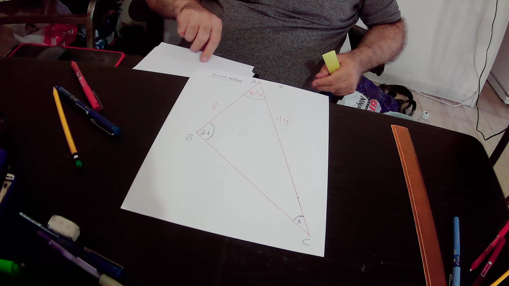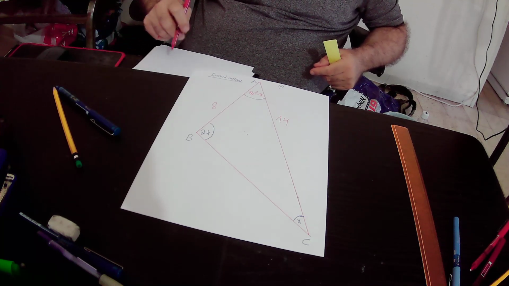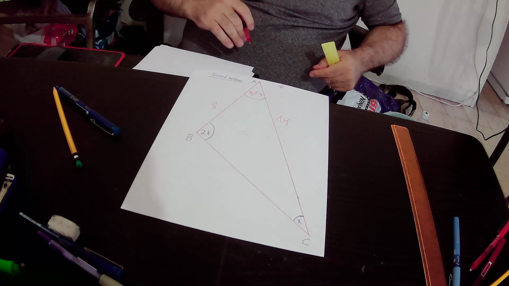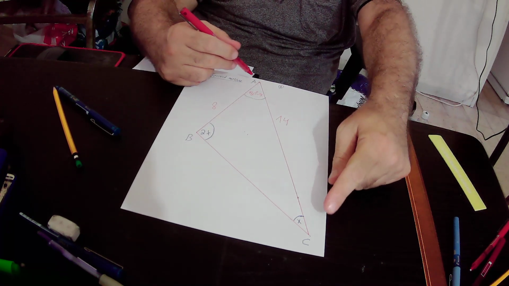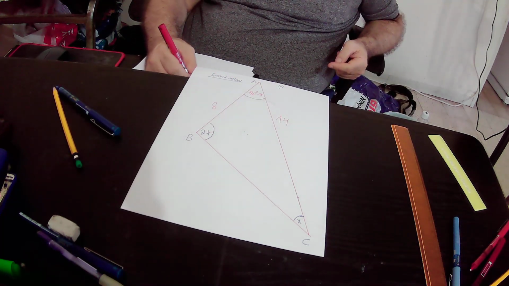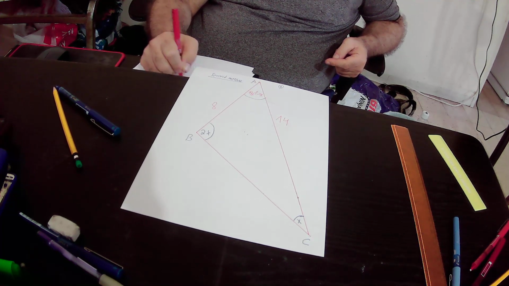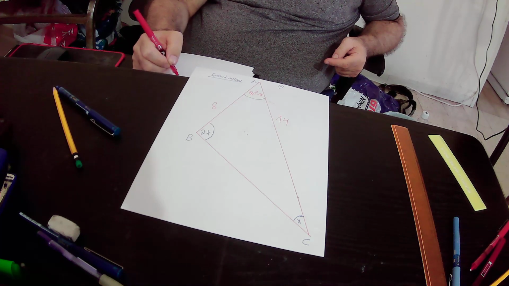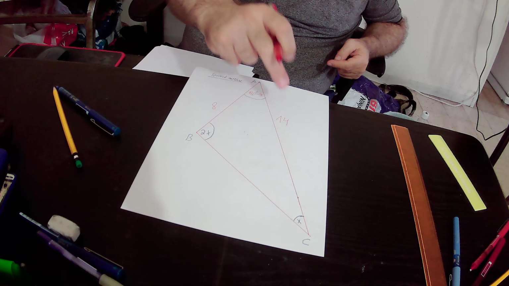So according to the law of sines, in our triangle ABC, AC over sine 2x equals AB over sine x.